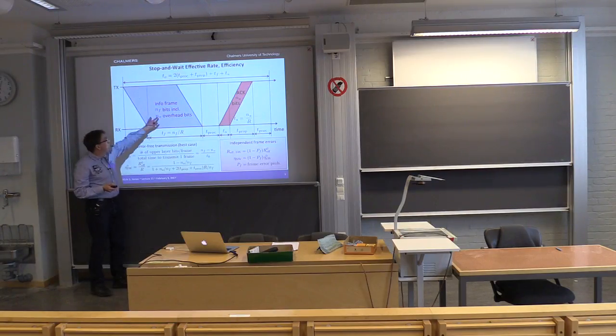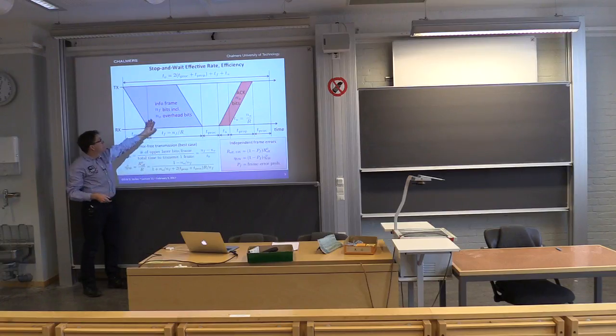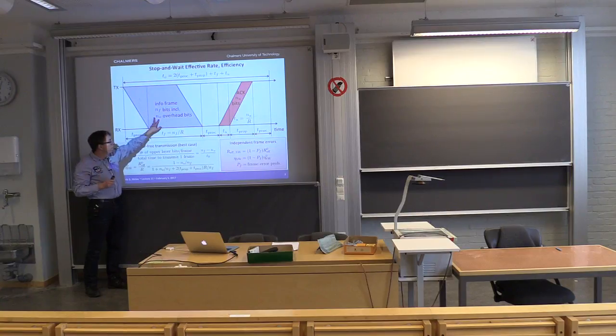So NF minus NO is the number of bits that the protocol got from the layer above it. These are the useful data bits for the layer above it. As usual, we need to put in some headers and things like that in the transmission. These are overhead bits, not directly useful for the layer above it.